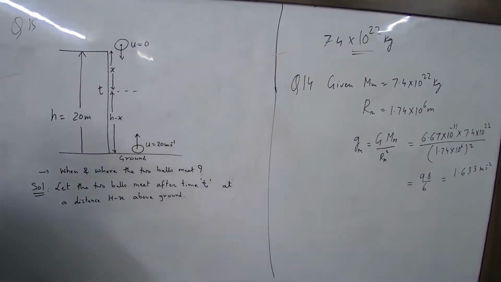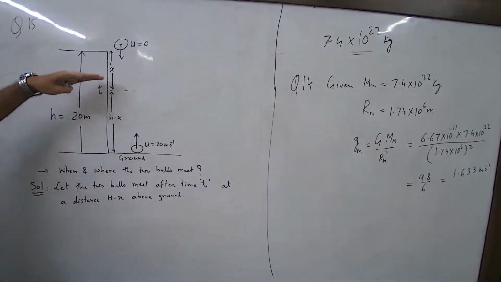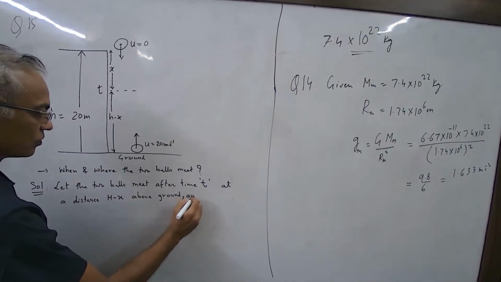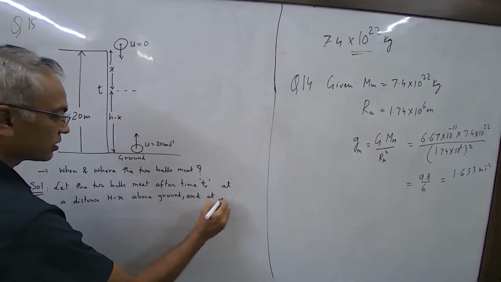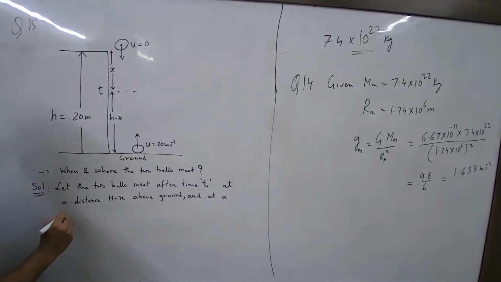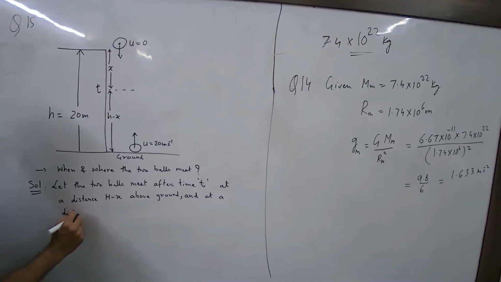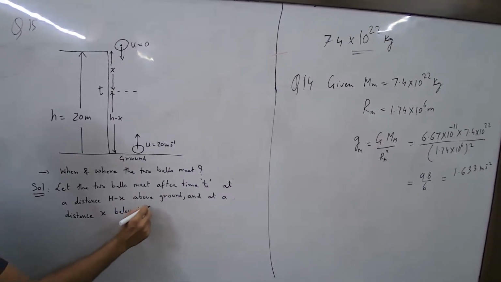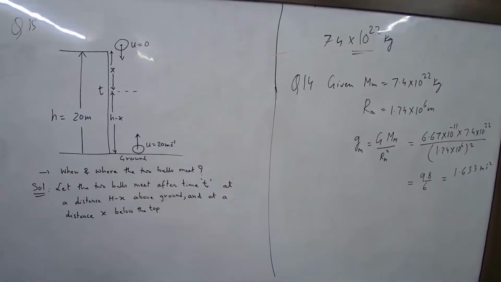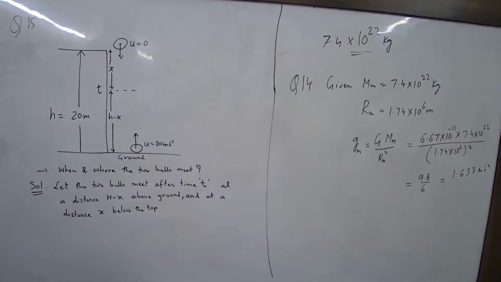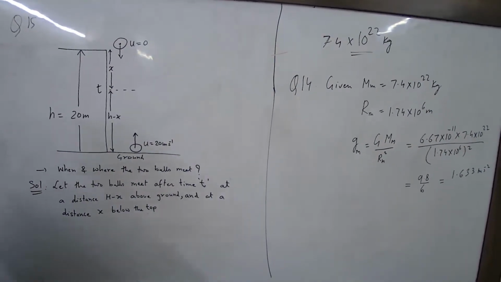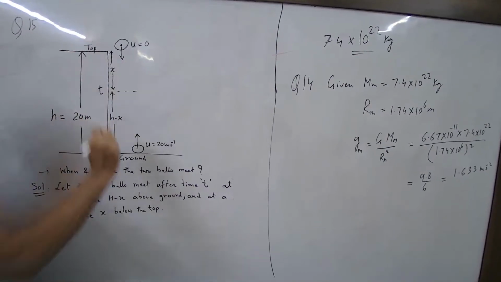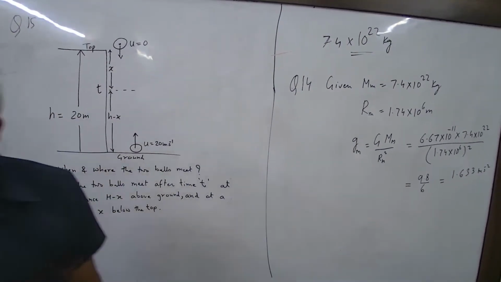And x is at a distance x below the top. You can just write here its top. ये top हो गया, ये ground हो गया. Okay. So this is the description.